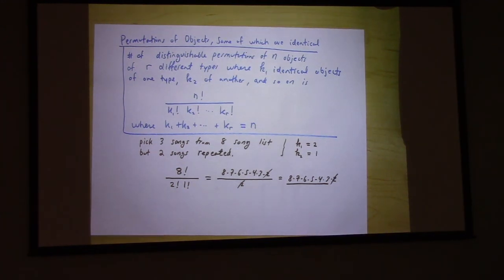Let's try the counting principle to solve this problem. Maybe I'll see it from this. So the counting principle says we're picking 3 songs. Let's say the first song is the one which is not repeated.